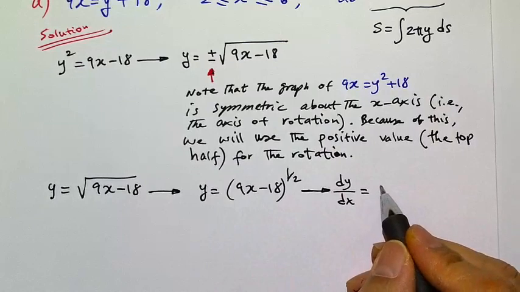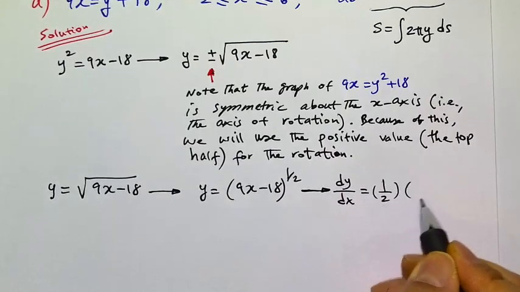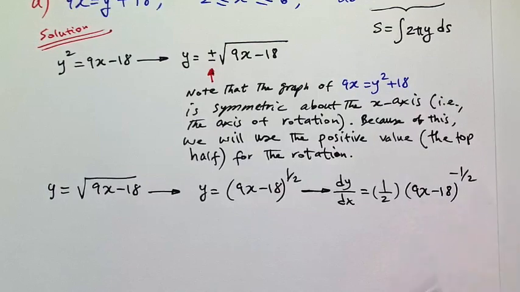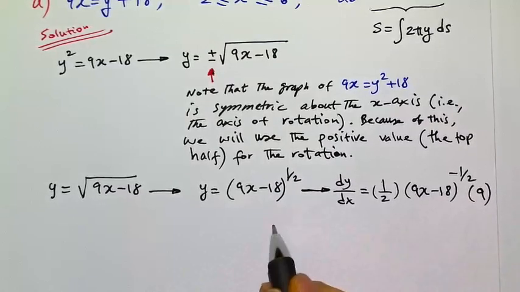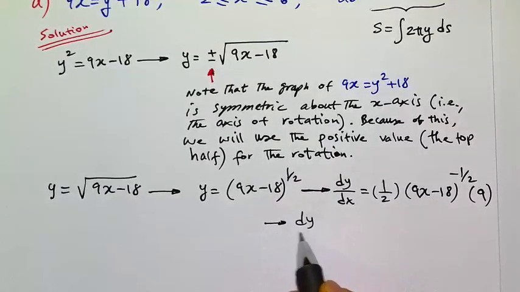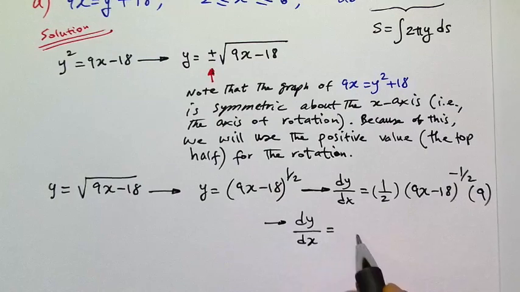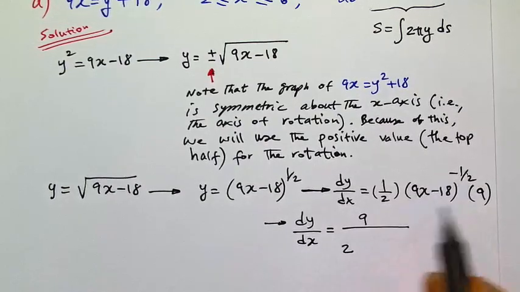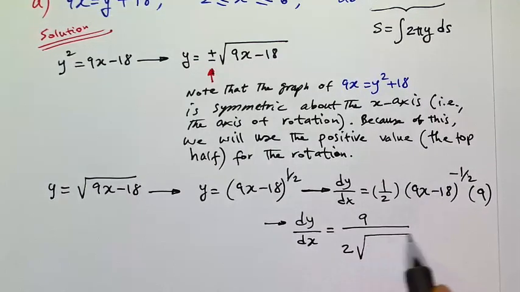Let me do it step by step. 1/2 times 9x minus 18 to the minus 1/2 power times, of course, by the chain rule, times 9. Let's simplify this a bit. We get dy/dx equals 9 over 2, and I will rewrite this back in radical form, square root of 9x minus 18.